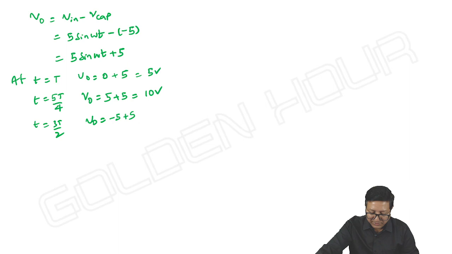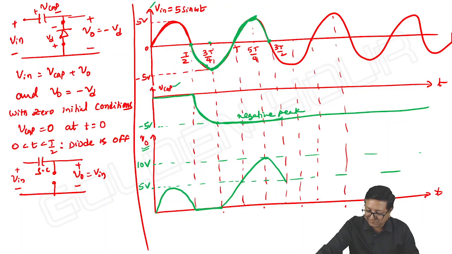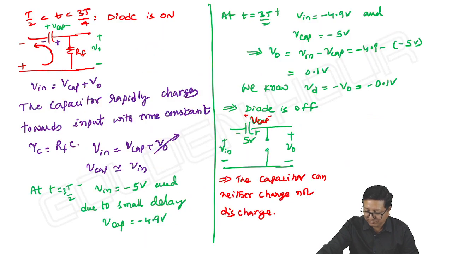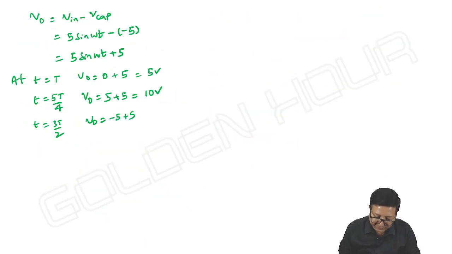Input is 0. Sorry. From 5t by 4 to 3t by 2, output was 10, again it was falling up to 5.